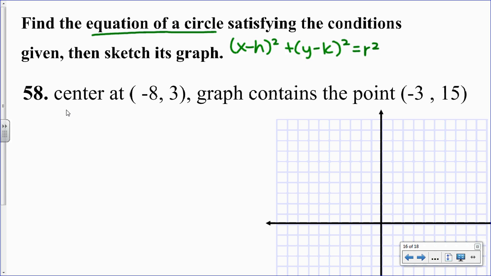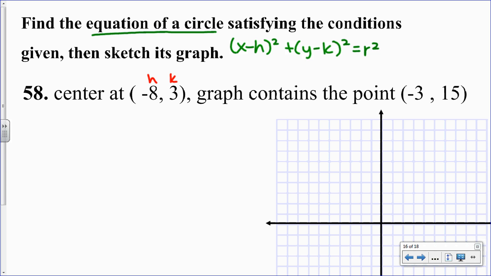The center, because that gives me h and k, and the radius, because that will give me r. So I am given the center, so I already know h and k. But I need to find r.